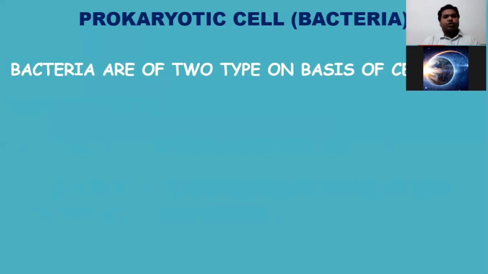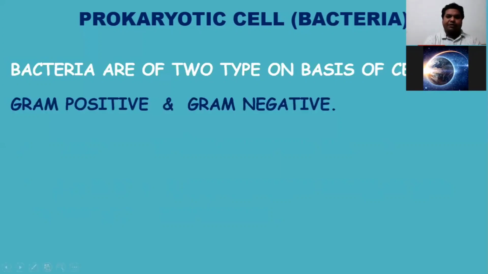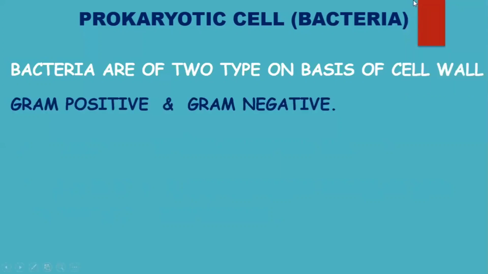Bacteria are of two types on the basis of their cell wall. Gram positive and gram negative. Now when I say gram positive and gram negative, it's a classification of bacteria on the basis of their staining property. But remember, it's very important for us to know gram positive and gram negative bacteria, because gram negative are mostly pathogenic while gram positive are mostly non-pathogenic.